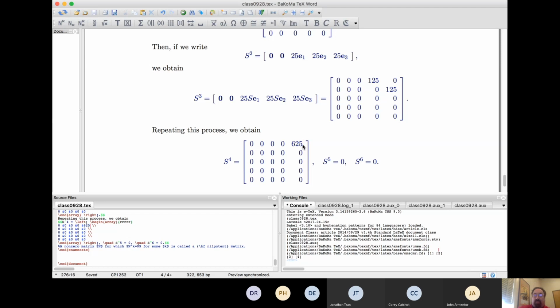So once I get to S to the 5th, it's all 0. And if I keep multiplying by S, well, this is already 0. I'm going to get zeros from that point on. So the only non-zero powers of S are S squared, cubed, and 4th. After that, there's no more.